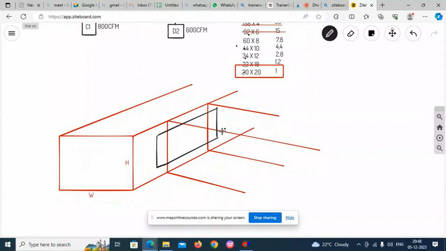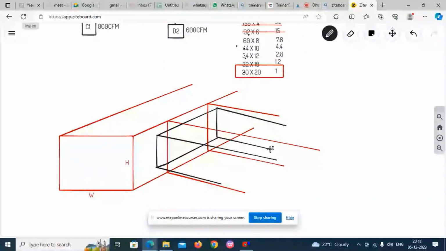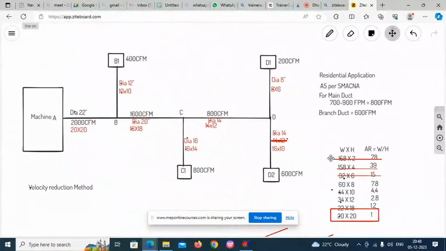Now you have all 4 directions. There is a clearance space to make the fittings. So this is the reason we have a clearance space. That is the reason we changed the space here.